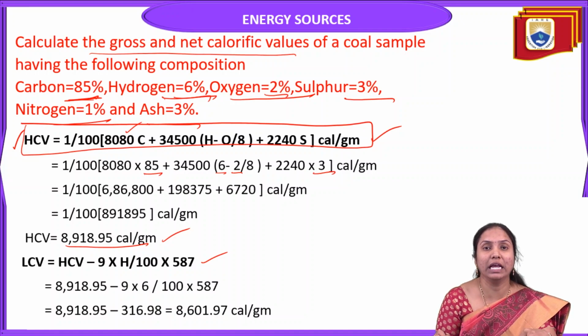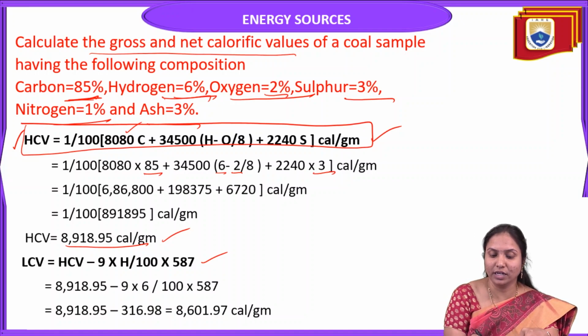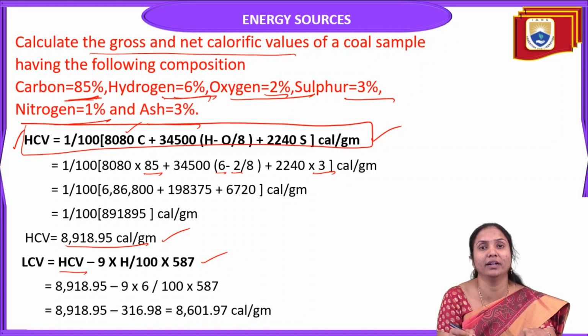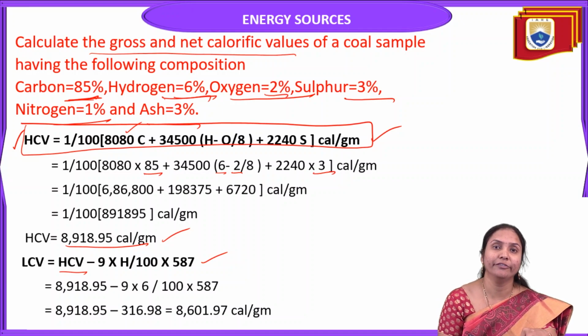And how can we calculate the net calorific value? What is the formula? LCV is equal to HCV minus 9 by 100 H into 587. Here 587 is the latent heat of vaporized water and H is the percentage of hydrogen present in fuel.